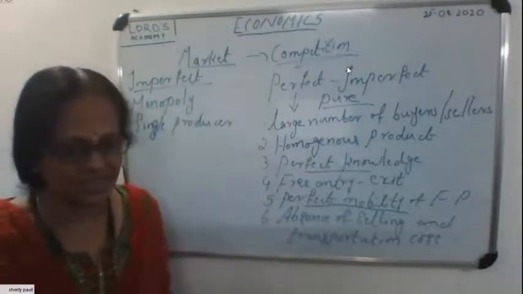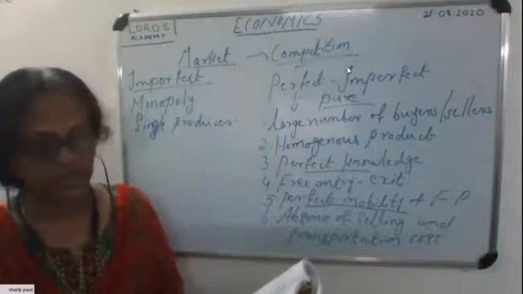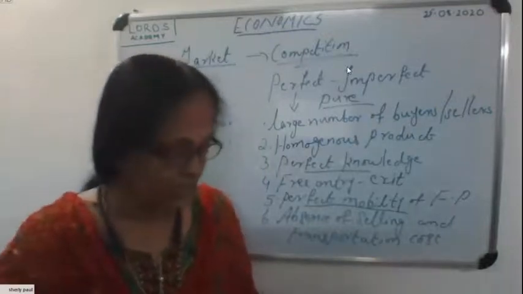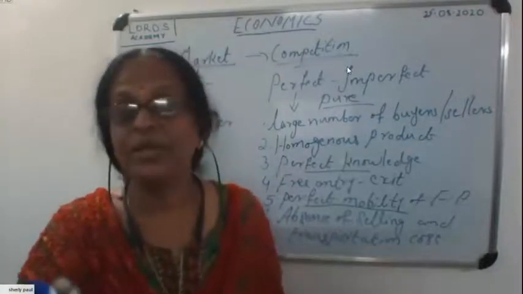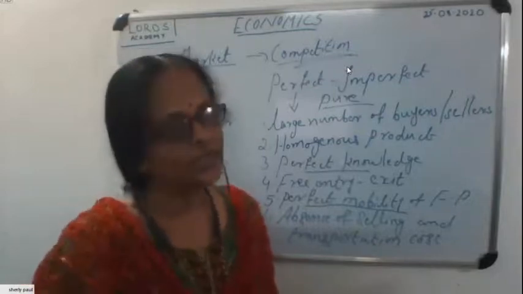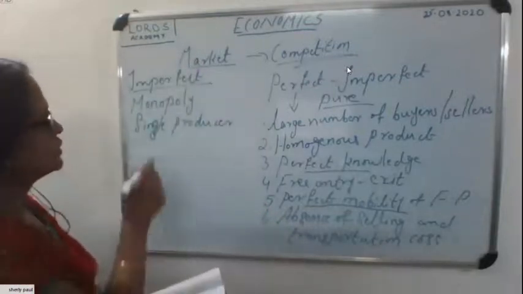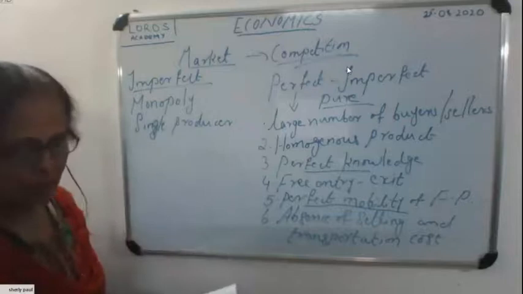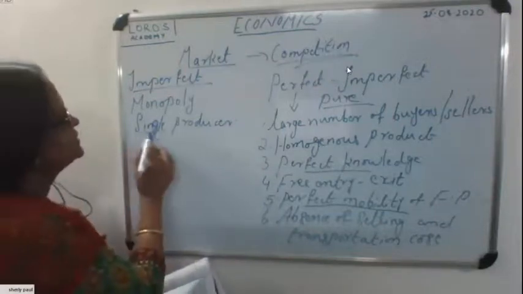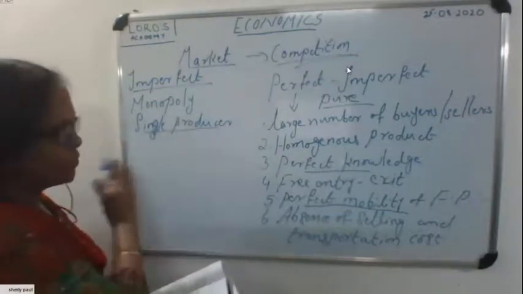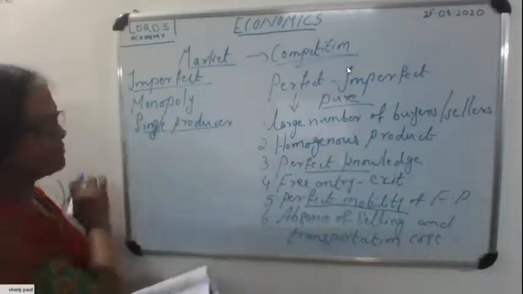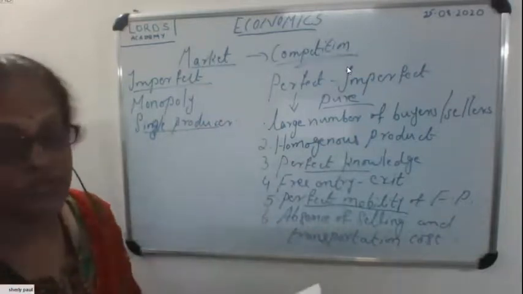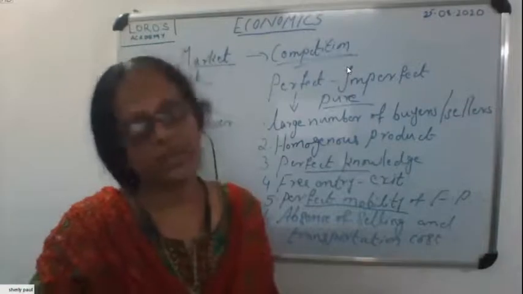Very rarely we get such an example, mainly public utilities like railway and electricity. When they ask you to define monopoly, the main definition is single producer and no substitutes, and for example we write public utilities, that is railway and electricity.